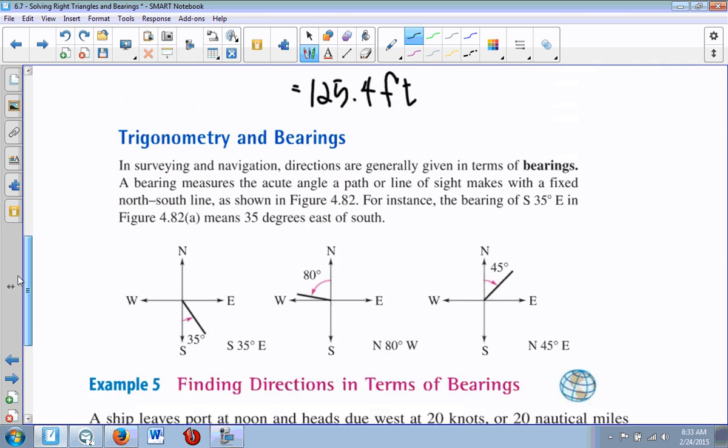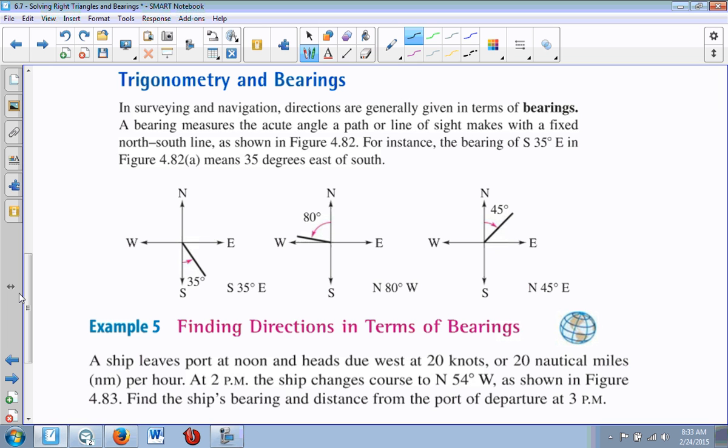Moving down. This unit is compass bearings. Compass bearings are going to be given to you with a degree measure and then two cardinal directions, like southeast, west. Every time you're given a compass bearing, it's going to look like this. The first letter is always going to be north or south. The second is always going to be east or west, and that's going to tell you what direction you're moving from north or south.